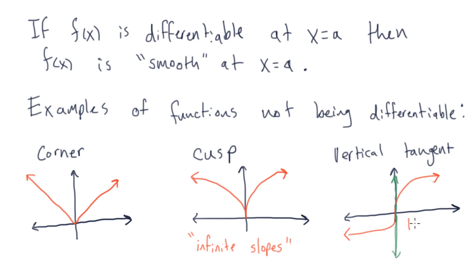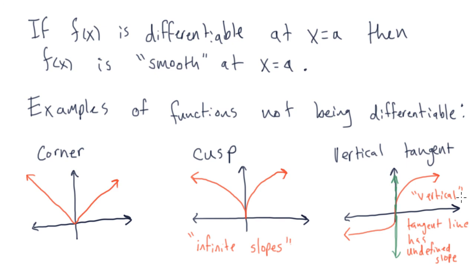So the tangent line has undefined slope. Or in other words, the tangent line is vertical. Hence the name vertical tangent. So actually the tangent line exists, but it's vertical.